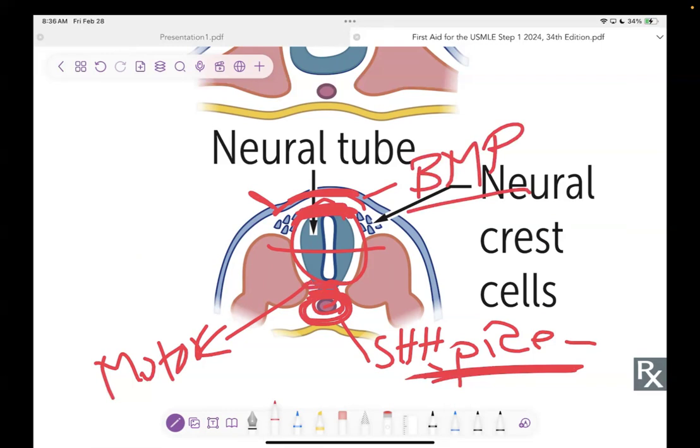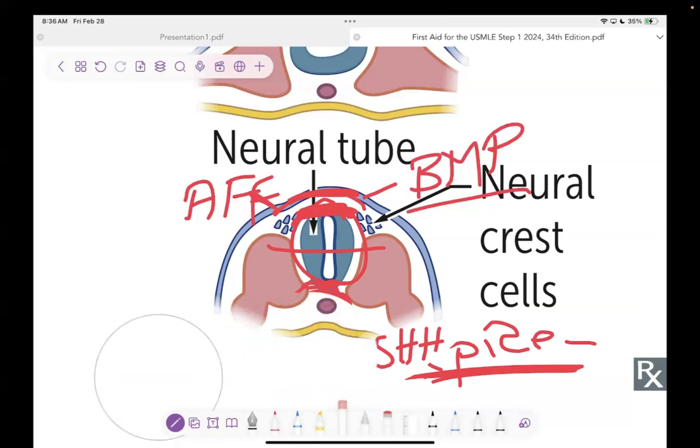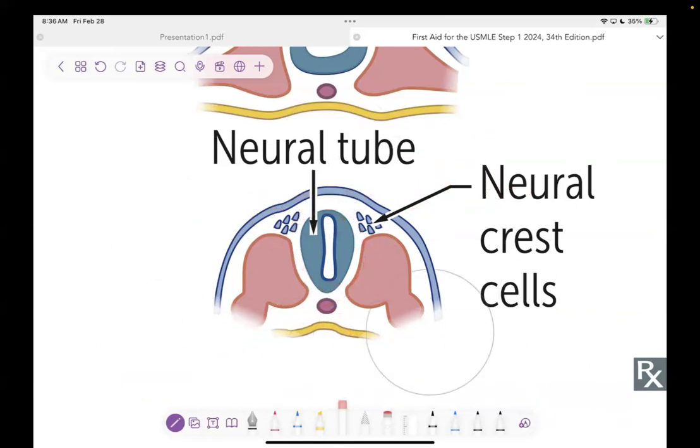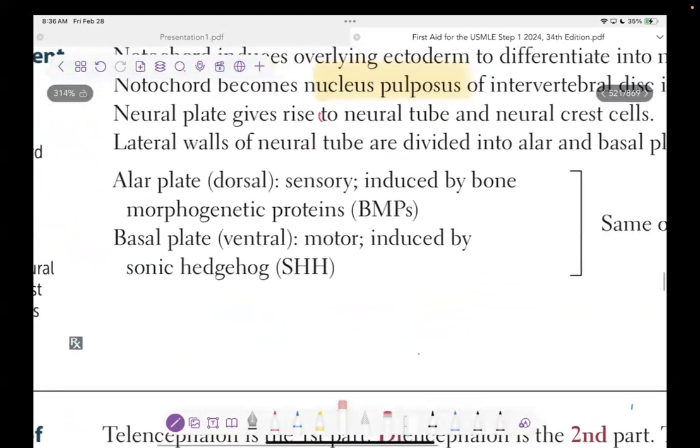We also call it efferent for motor and afferent for sensory, right? We are going to talk about afferent and efferent later on. This is just an idea to remember, according to the photo, which gene is helping which part of the brain, because you will see a question about BMP and sonic hedgehog.